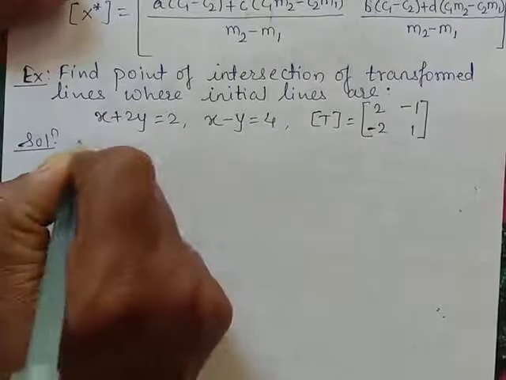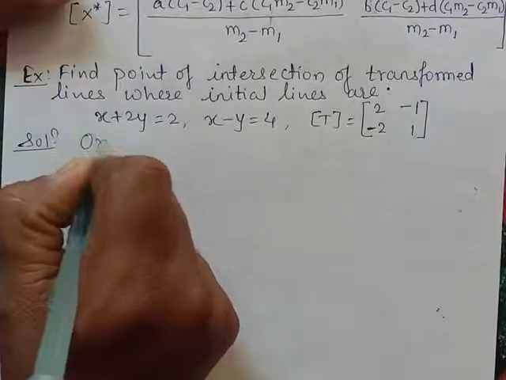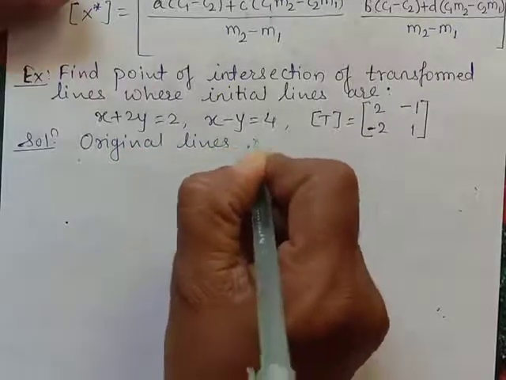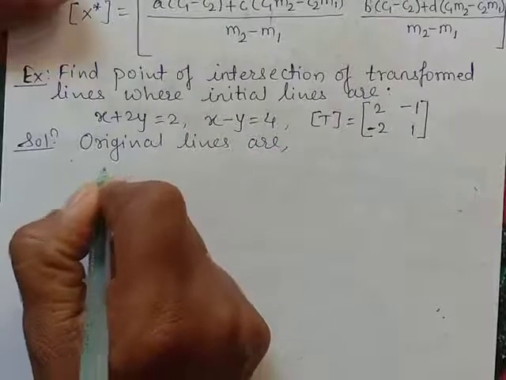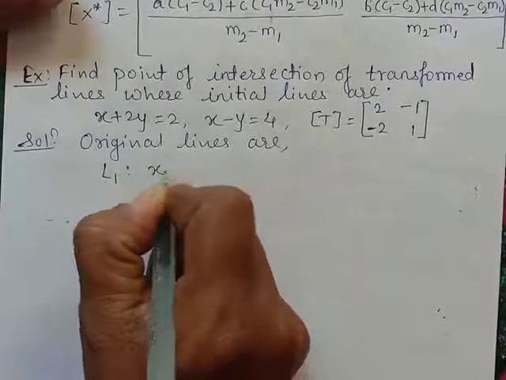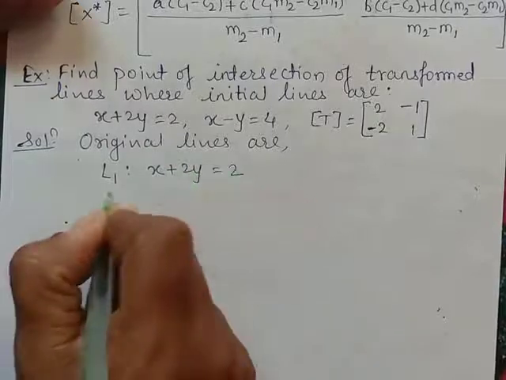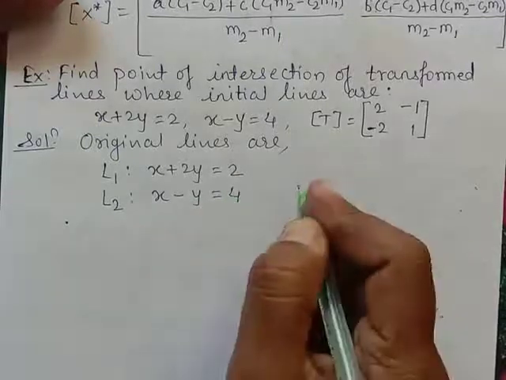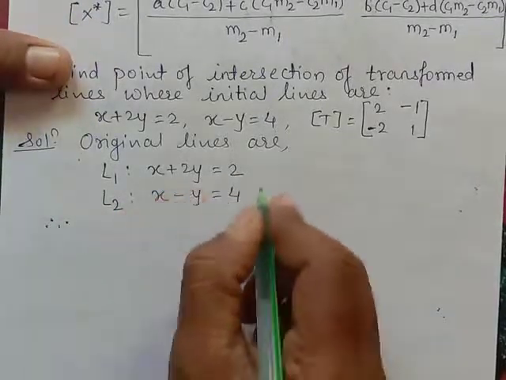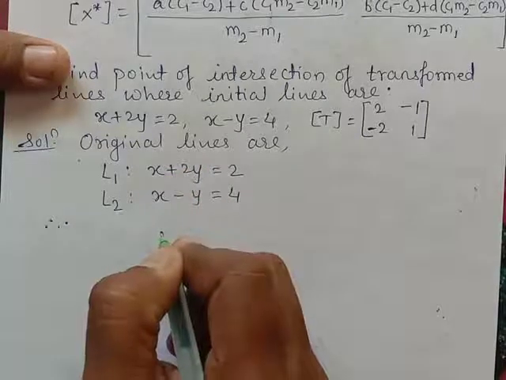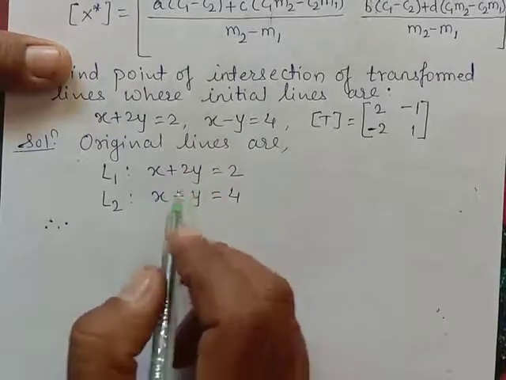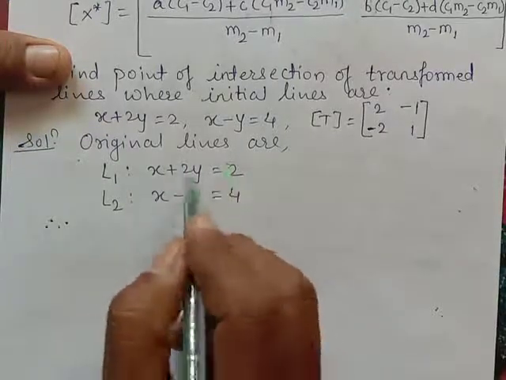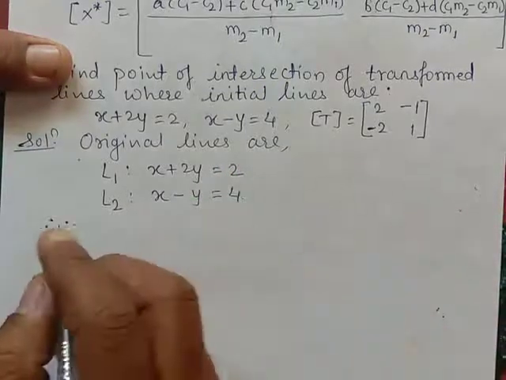Solution: original lines are, let the first one be L1, x plus 2y equal to 2, and L2, that is x minus y equal to 4. Okay, now if we have to determine the point of intersection of L1, L2, it will be by solving them simultaneously and getting x and y.